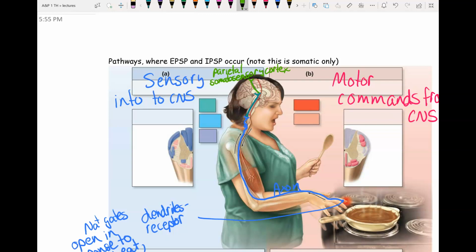And once the signal gets there to her somatosensory cortex on the parietal lobe, that is when she becomes consciously aware that she is touching that hot pan.